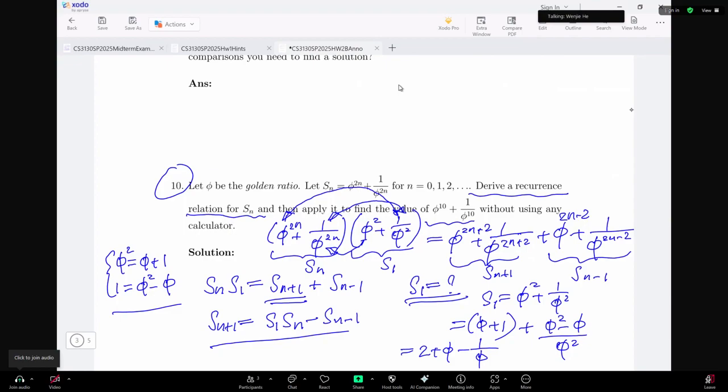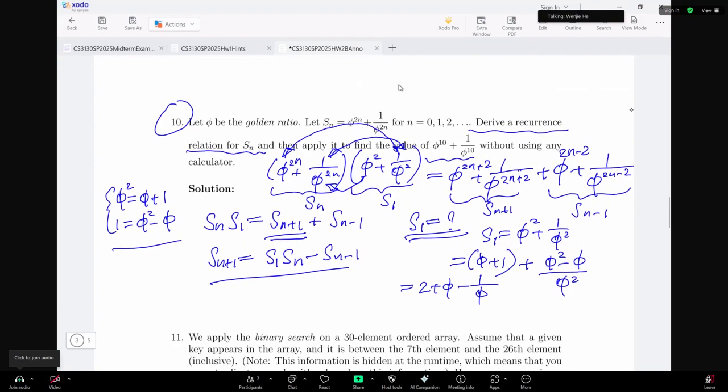Can you replace 1 by phi squared minus phi over phi? Second property.